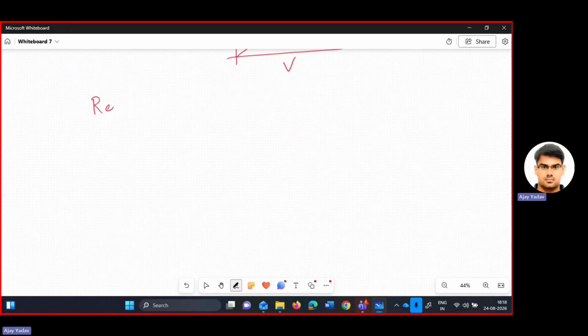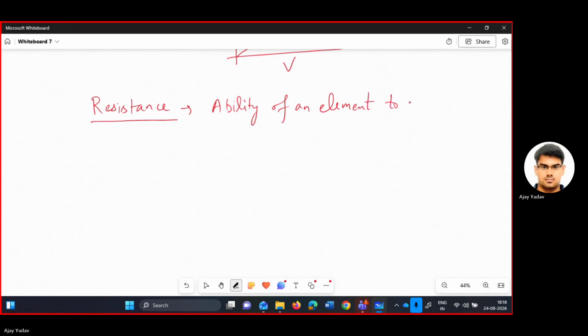Resistance is the ability of a circuit element to resist the flow of current. The unit of resistance is ohms. You can write it like this, or in terms of symbol, it is like this.